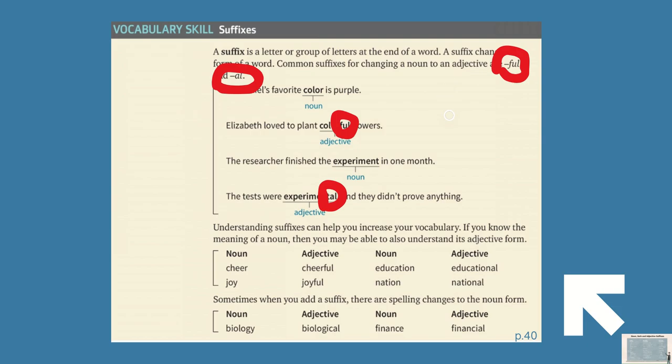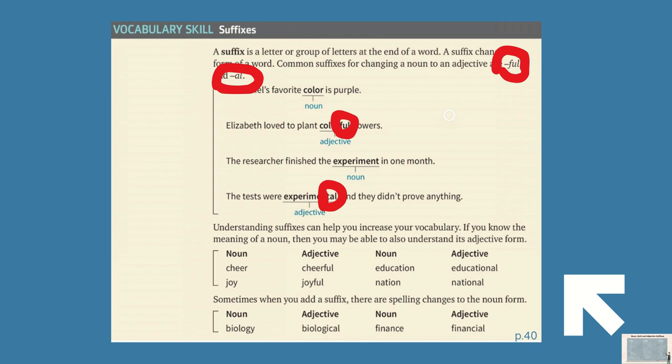I think you have heard words like joyful, harmful, beautiful, right? And AL: political, national, chemical, medical.